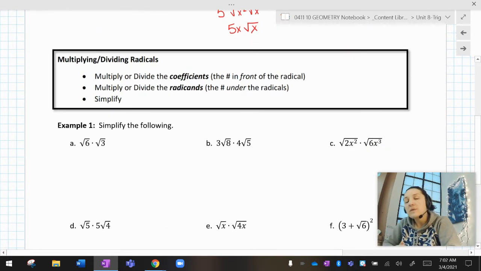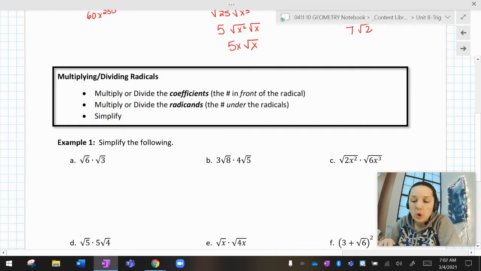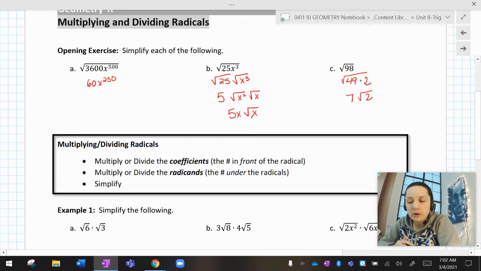All right. We've kind of already done the first part of this lesson up in that opening exercise, because it's about what happens if you multiply or divide radicals. Well, I kind of already multiplied radicals right here.